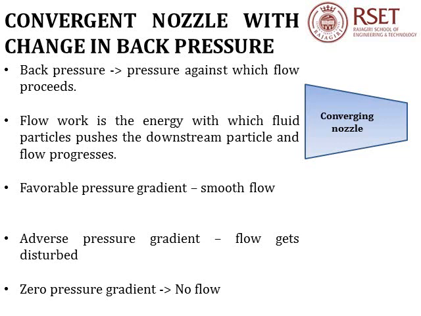progresses. If in a particular flow the upstream pressure is greater than the downstream pressure, we have what is known as a favorable pressure gradient. In this, the flow occurs smoothly.